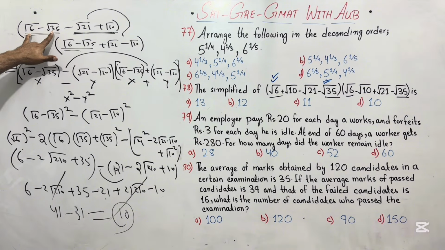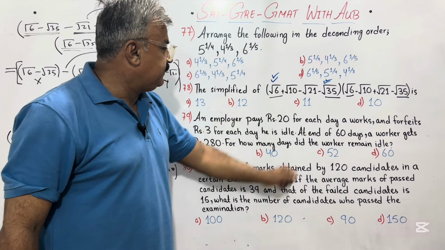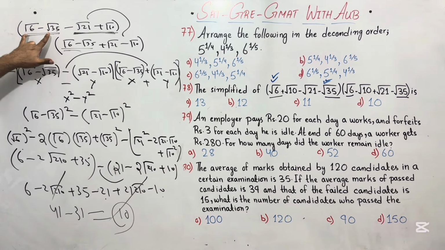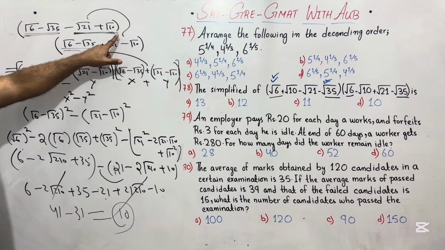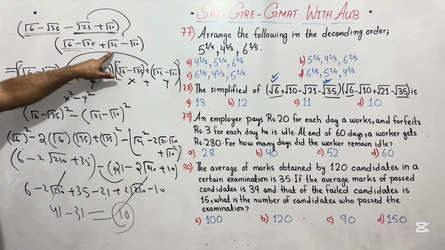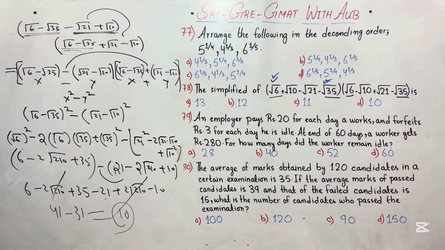√6 and √35, they have the same symbol in both brackets, and the others have different symbols. I have taken √6, √35 first, minus √21 plus √10, and here it is positive √21 minus √10. Taking minus common is a magical step in that case.